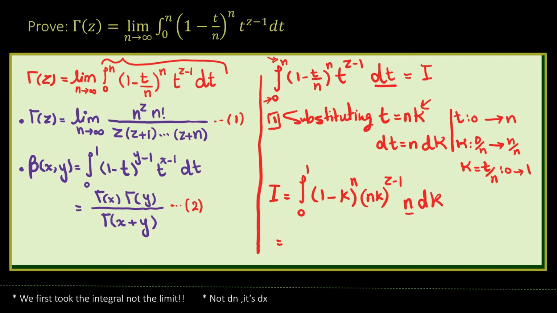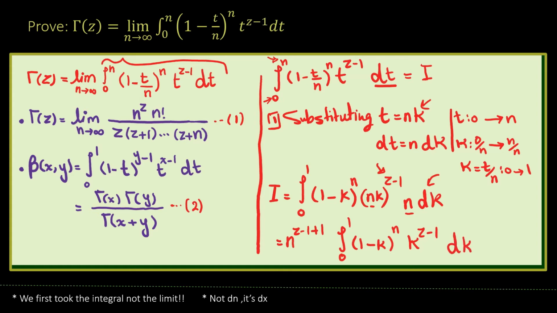We will take the n outside the integration, because our integration is with respect to k, so n is raised to z minus 1 plus 1. The integration from 0 to 1 of 1 minus k raised to n, and here we have k raised to z minus 1 dk.